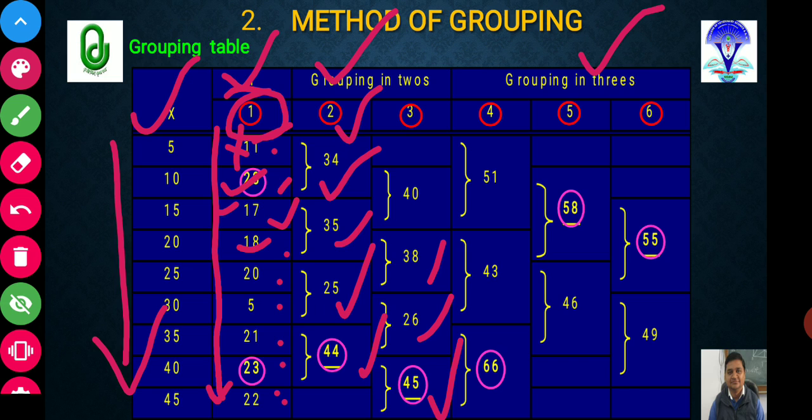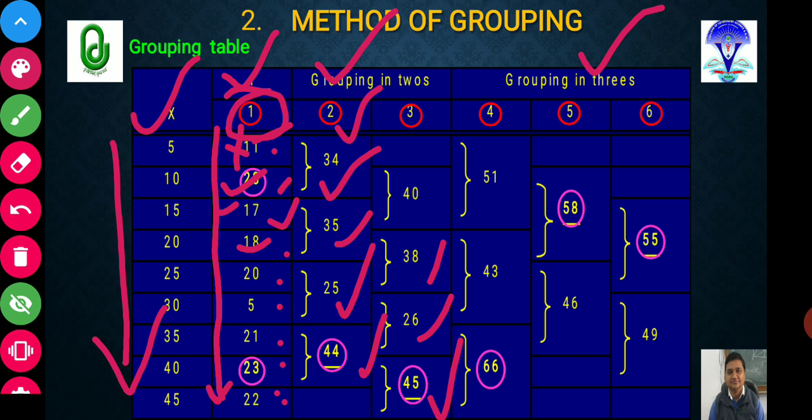This is the method of how you group the values in a group of 2. First you start from the first frequency. In the second grouping of 2, that is in column 3, you group the frequencies in 2s, leaving the first frequency, or starting from the second frequency.